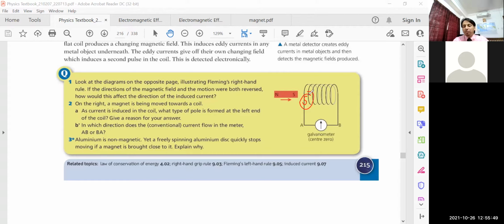So by inducing a south pole, you have to look for the direction of current in the coil in the clockwise direction. Okay, children, clockwise direction. And if the direction of current is clockwise, south pole will be there. On this side will be north pole.